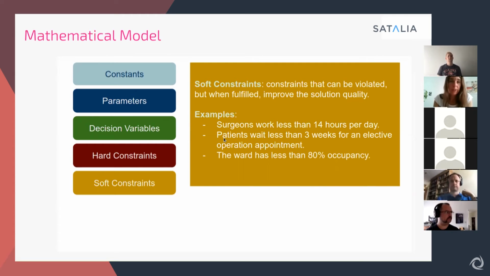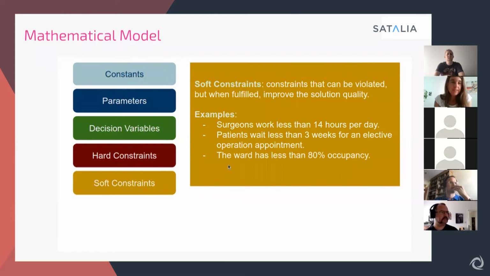Some examples for these are surgeons should work less than 14 hours per day, or patients should wait less than 3 weeks for an elective operation, etc. The soft constraints are formulated very similarly to hard constraints. We have some kind of formulas, but we also add certain terms to the objective function.